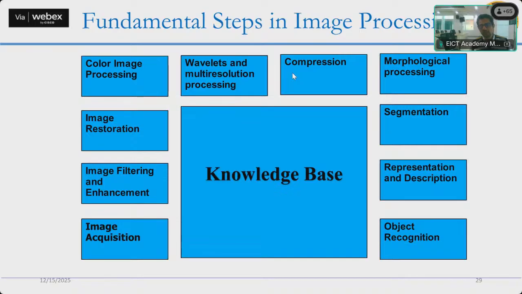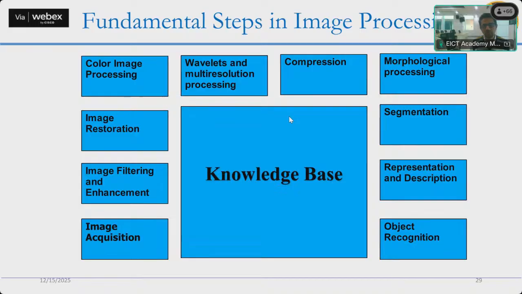When we talk about compression, remember, image processing is a very broad word. For example, the earlier example we have taken, I want to identify whether this image is of a residential home or not.